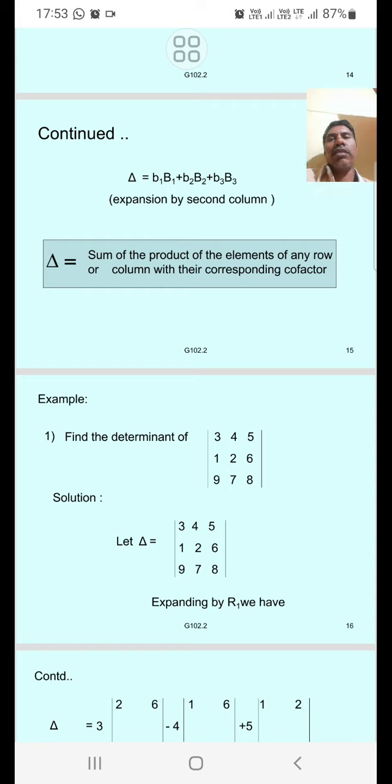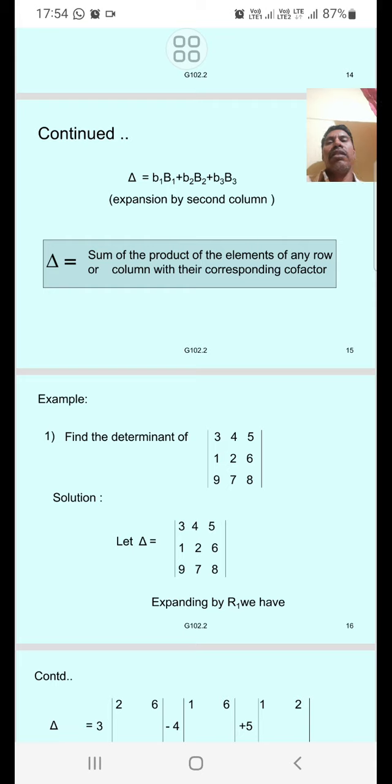So minus simply kept if it is negative, or if it is positive, plus. 1 need not be kept. If you keep it, no problem, because it is 1 into something only. In positive sign, there is no issue if you put or not, because it is implied.